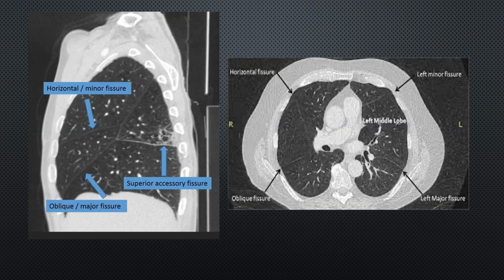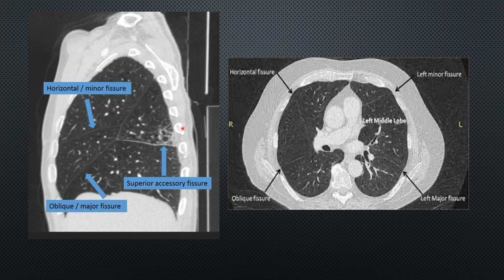Right. Now at this point of time, a lot of you must be confused that we haven't really seen the minor fissure. So a minor fissure is usually seen when you scroll, you'll see a triangular section, a line, a fissure that's running through, and most of the fissures that are visible are your oblique fissure.